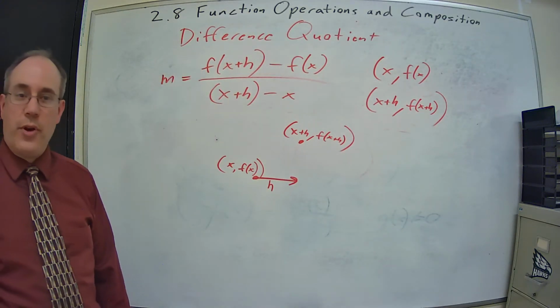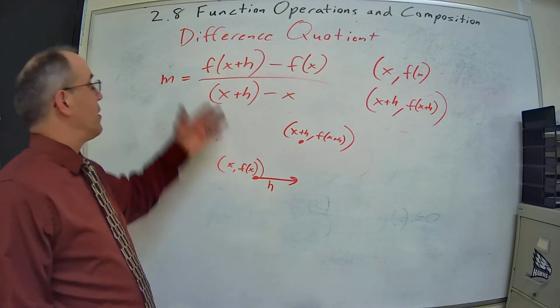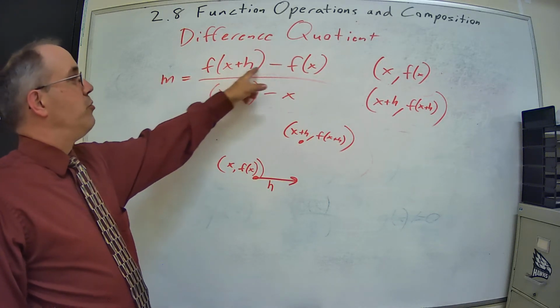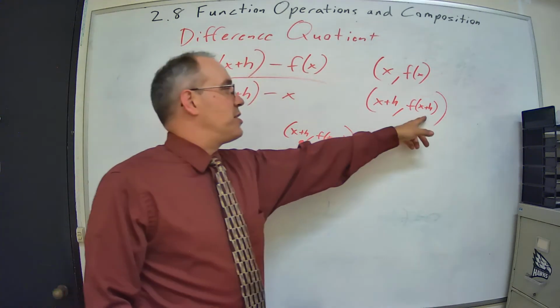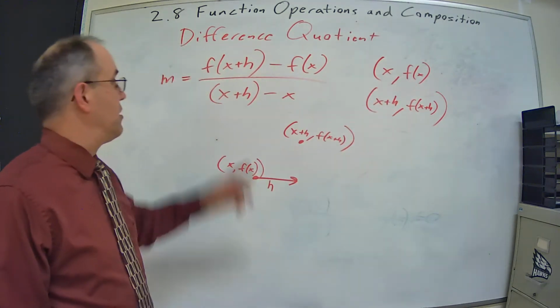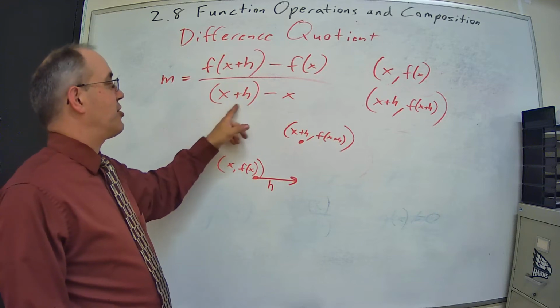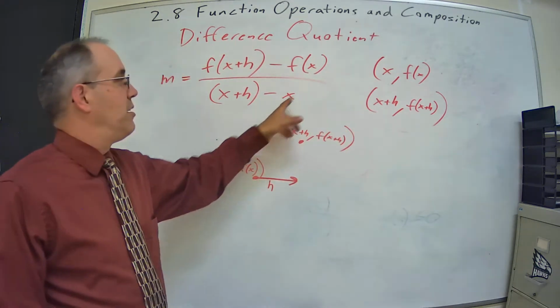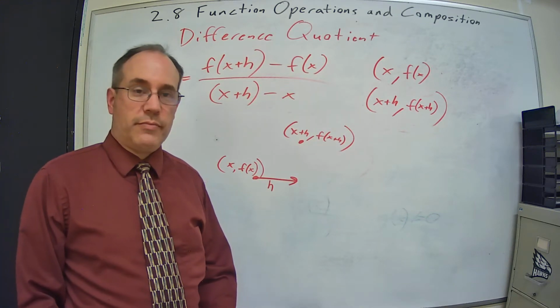That's going to be the other point. So the slope is found just by taking y2 minus y1, so f of x plus h minus f of x, and dividing it by x2 minus x1, x plus h minus x.